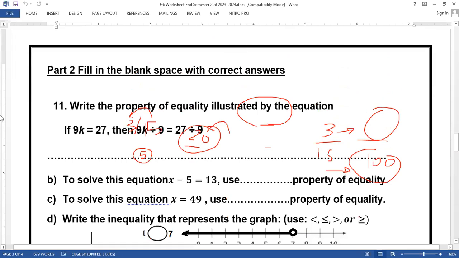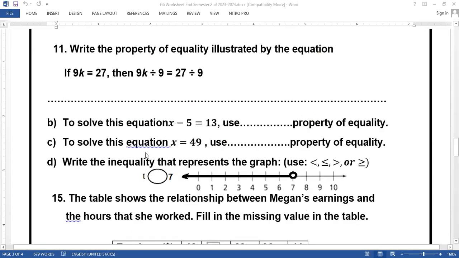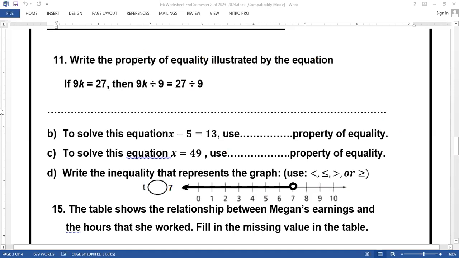Next question. Write the property of equality illustrated by the equation. If 9k equals 27, I told you in this kind of question, property of equality, we don't look at the first equation. We look at the second equation. What happened to it?